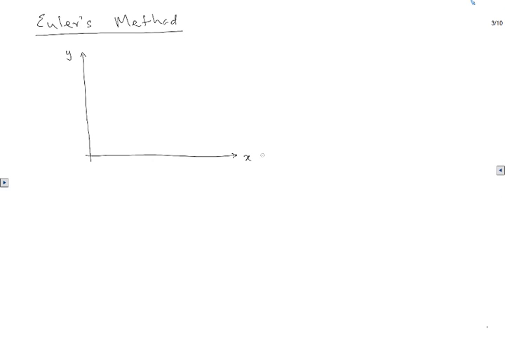Okay, so what information do we have? We know that dy/dx is equal to f(x, y), and we also know that y(x0) = y0. That means we know that at x0 it is y0.